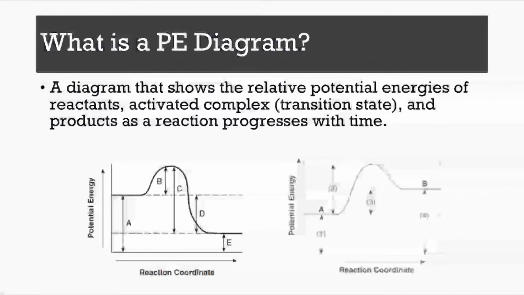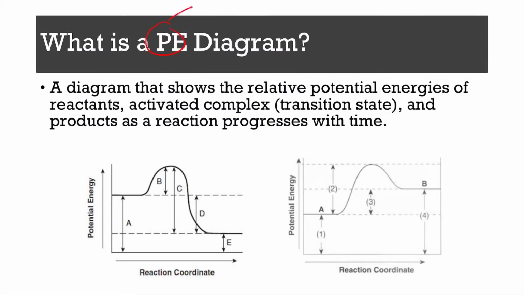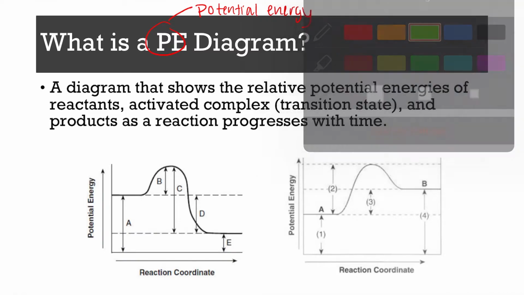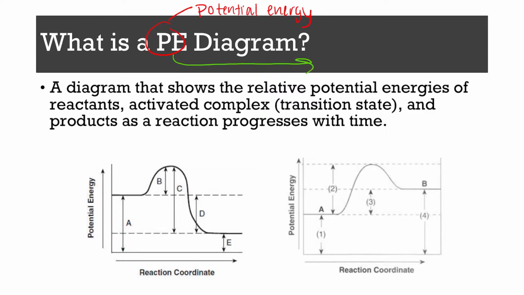A PE is not physical education, but potential energy. So, a diagram that shows the relative potential energies of your reactants, something called the activated complex, and your products as a reaction happens. Well, what is potential energy?